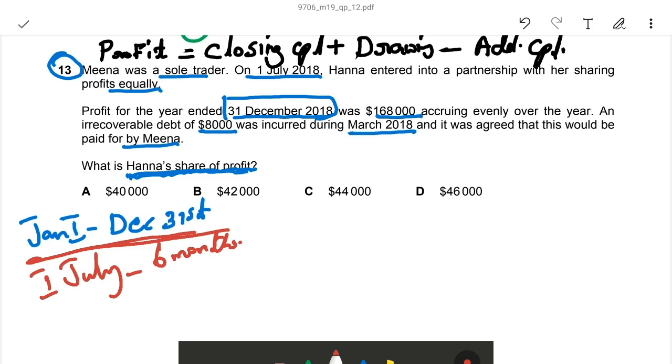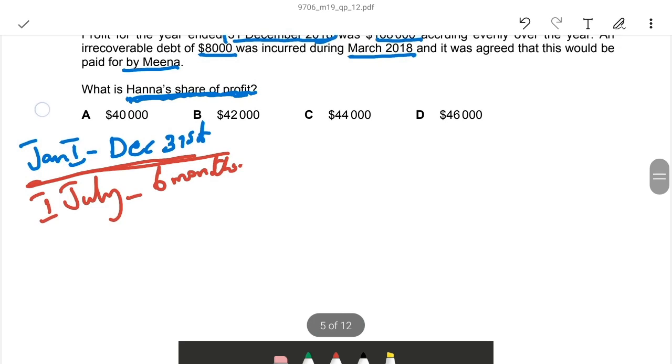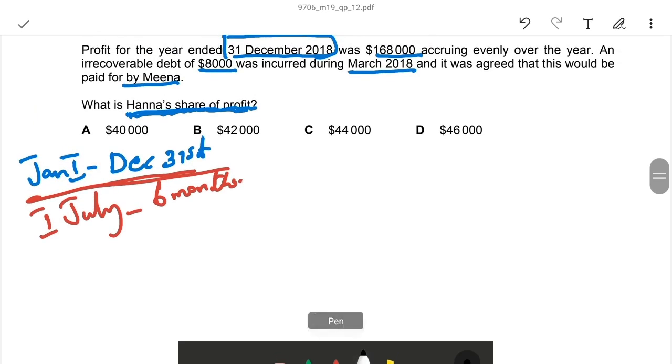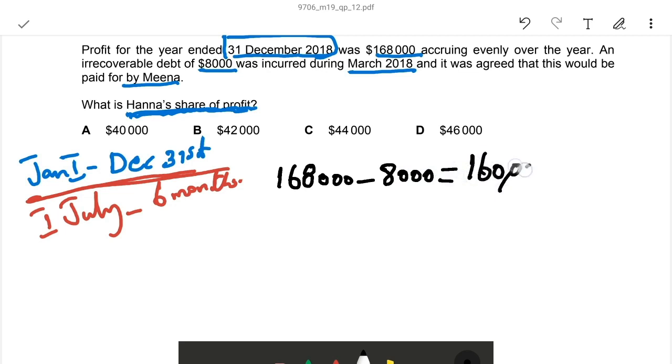So first, we calculate the profit for six months. Profit is equal to 168,000 minus 8,000, that is 160,000, multiplied by 6 over 12.